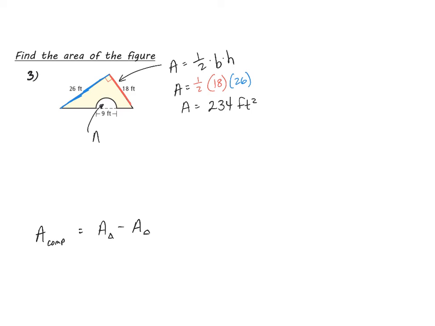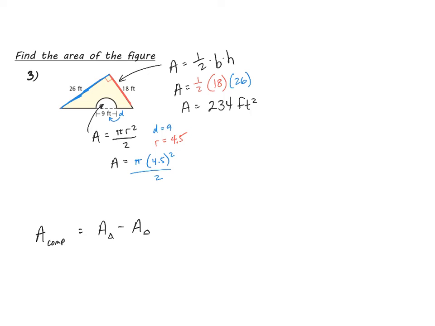My semicircle would be pi r squared, and since it's a semi, let's divide it by 2. Now it says that the diameter is 9 feet. So if the diameter equals 9, that means my radius has to equal half of that. So you can put 9 over 2, or you can put 4.5. I'm going to do 4.5. So my area equals pi times 4.5 squared all over 2.